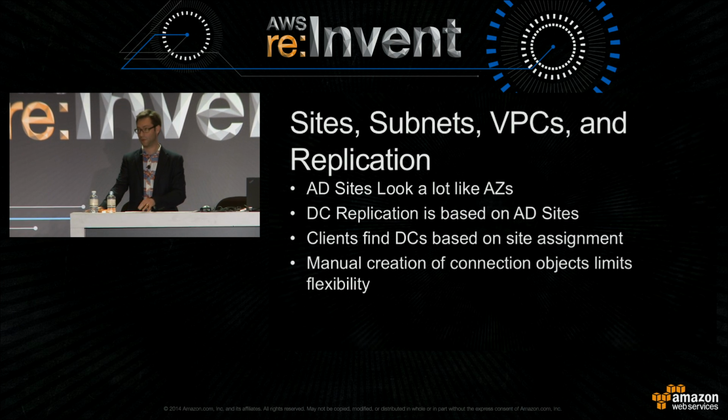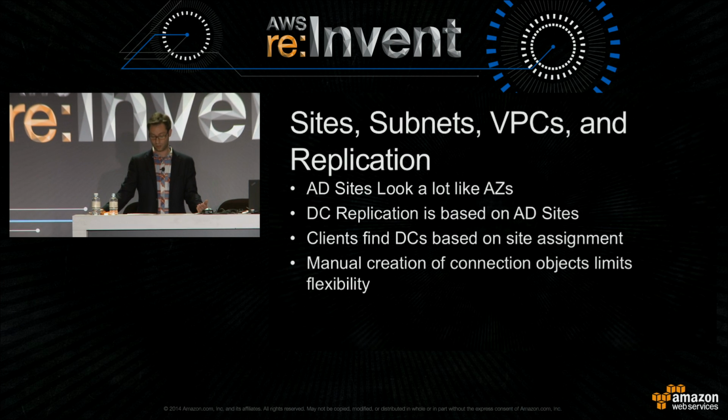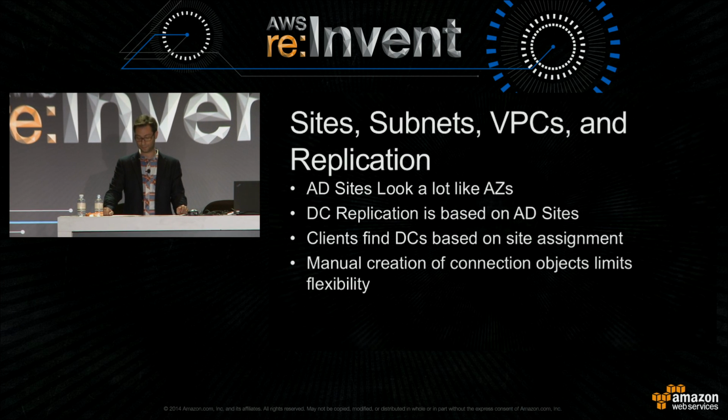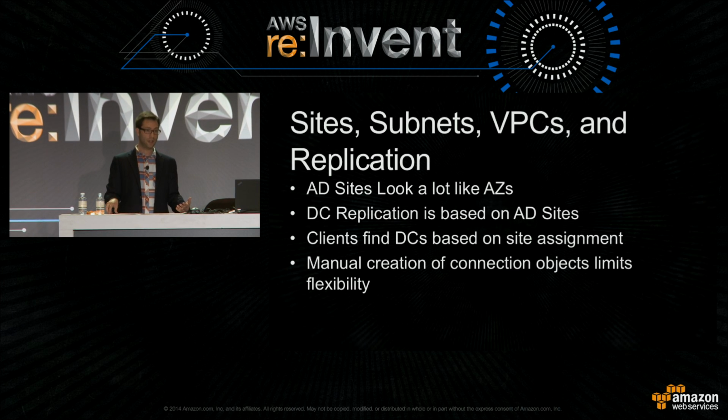So to further explore the concept, you have to understand how AD clients locate the domain controller. Domain controllers register an SRV resource record in DNS. So when a client wants to get access to a domain controller, it looks to DNS to get the SRV to point it to its closest domain controller.